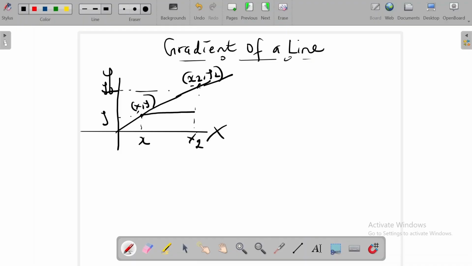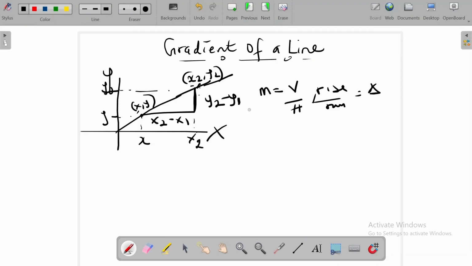So x2, y2. So the run, which is called the x, is x2 minus x1. The rise is simply y2 minus y1, meaning there's a rise if you look at it this way, and there's a run, the vertical and the horizontal. The slope is simply, you can call it the vertical over the horizontal, you can call it the rise over the run, you could call it a change in y over the change in x.